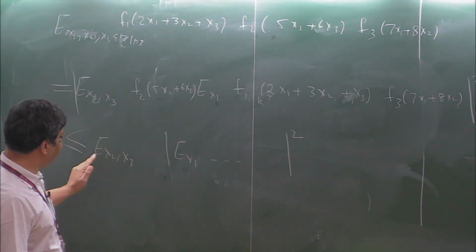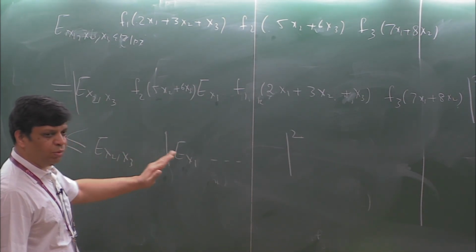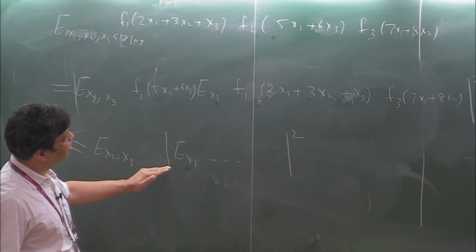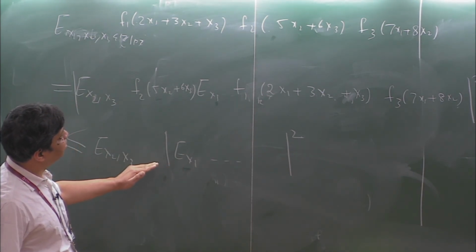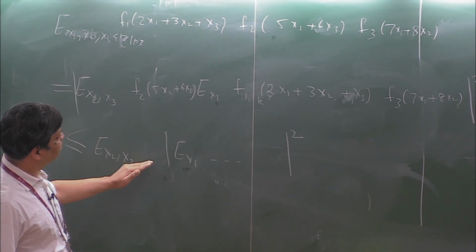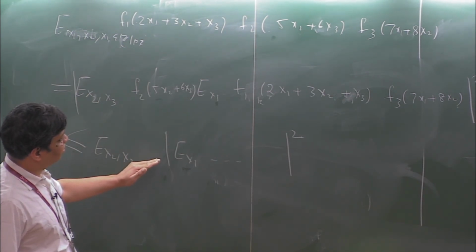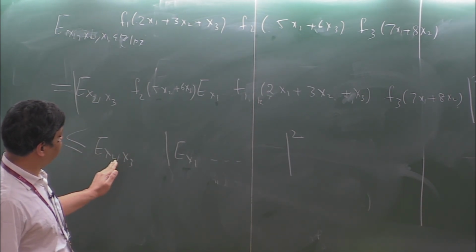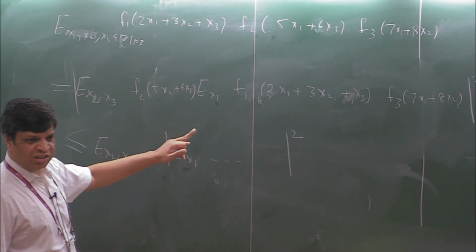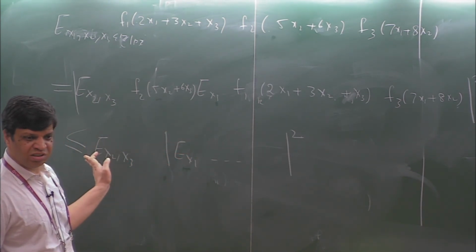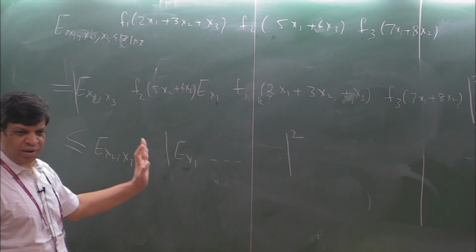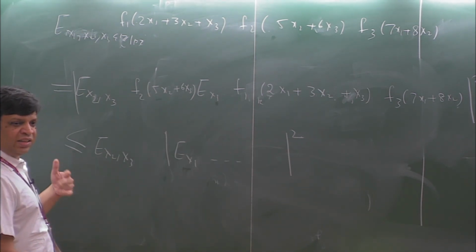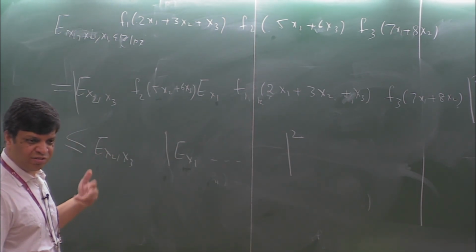Similarly, I will apply again, taking x2 to be inside. When I take x2, or maybe x3 to be inside, then this f2 will come out, and that would also have gotten rid of. And again the x3 would have become one more.